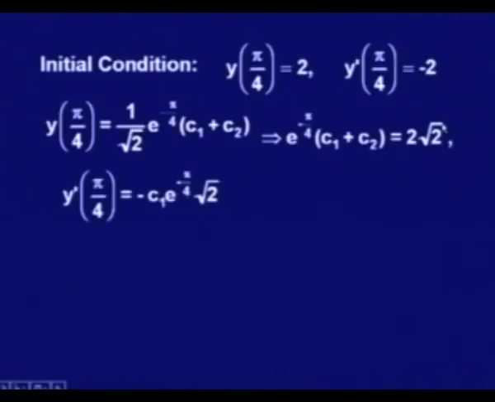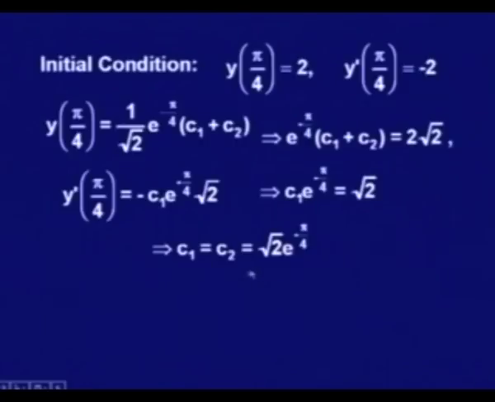Similarly, from the second one we get c1 times e to the power minus pi by 4 is square root 2. So, from here we get the value of c1, and putting it over here we get the value of c2, and both are equal to square root 2 times e to the power minus pi by 4.